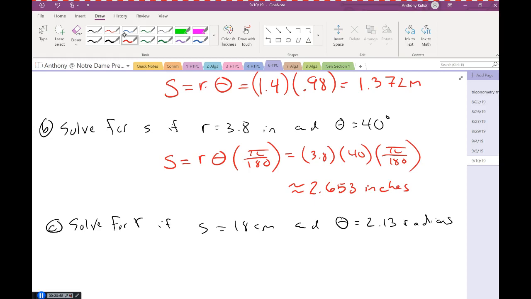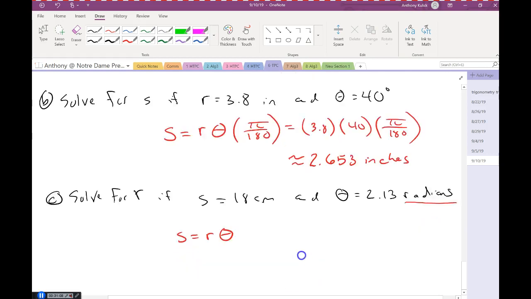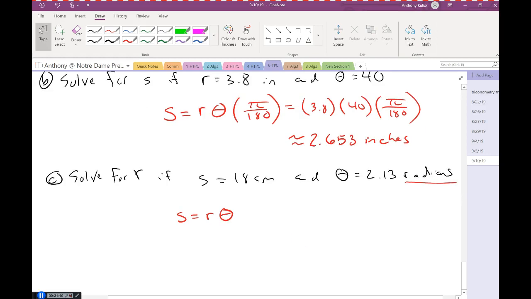The first one or the second one? The first one, because the angle measure we're given is in radians. So to solve this, I'm going to plug in 18 for S and 2.13 for theta.